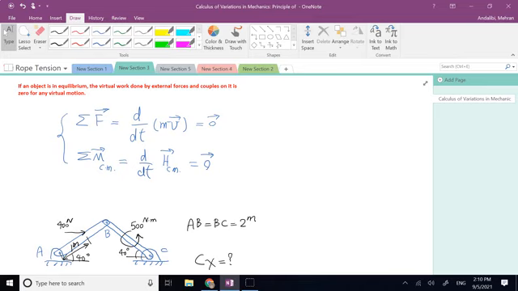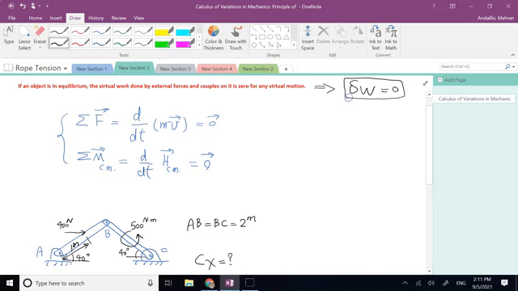So basically, another way that they show it mathematically is the formula you will see for it is variation of W is equal to what? To zero. So this is the principle of virtual work for static problems.